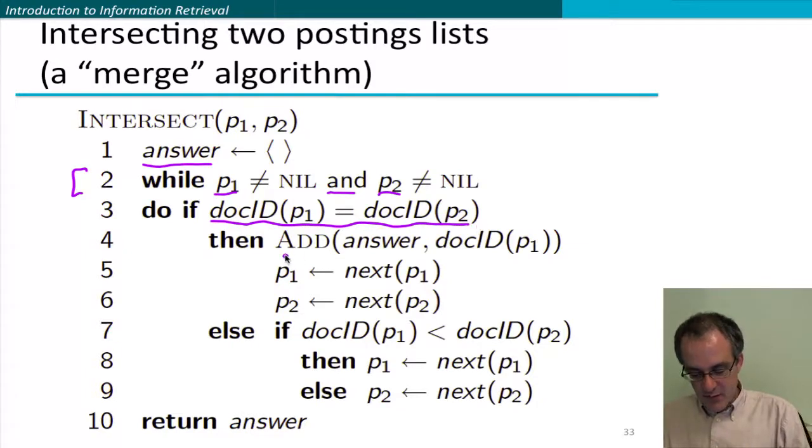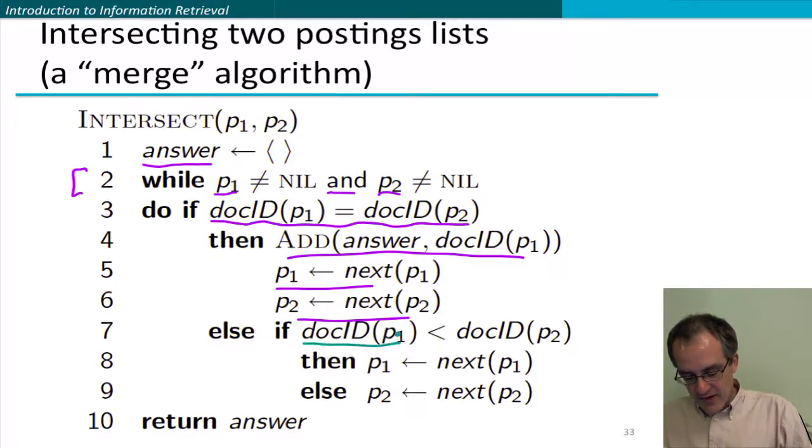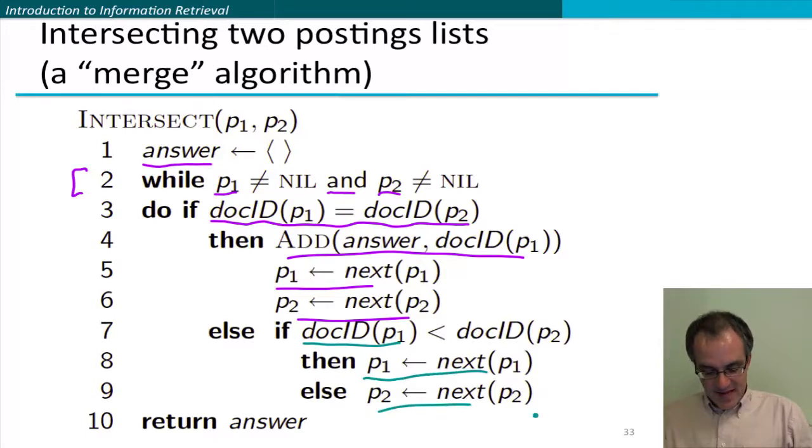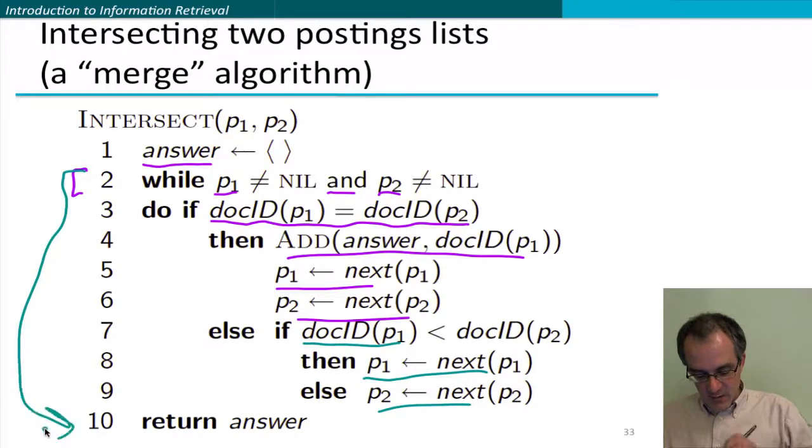If so, we add it to our answer and advance both pointers. If not, we work out which doc ID is smaller, and then we advance that pointer. That was exactly what I was doing. And then as soon as one of the document lists runs out, we can return our answer set.